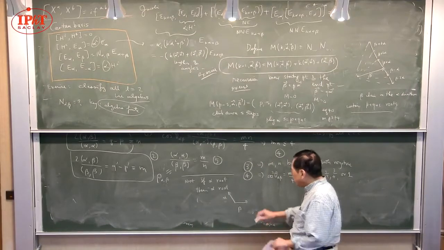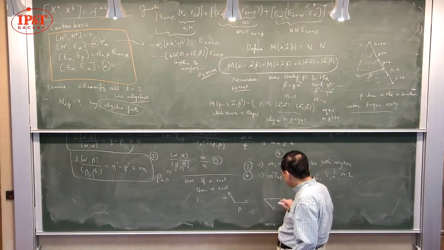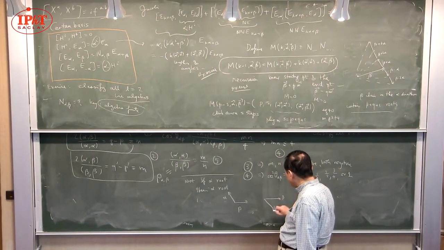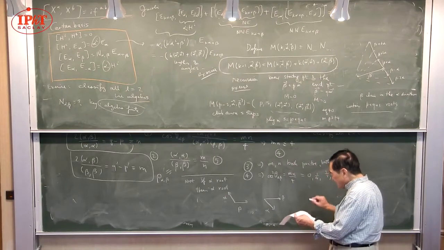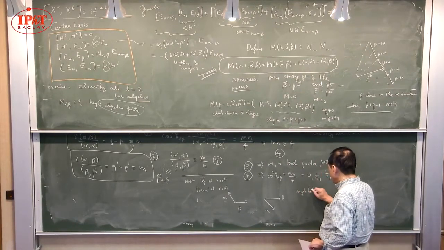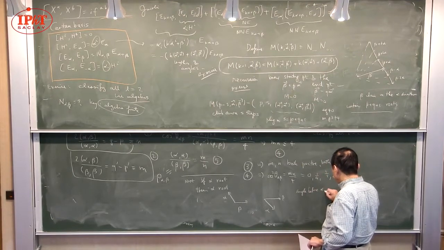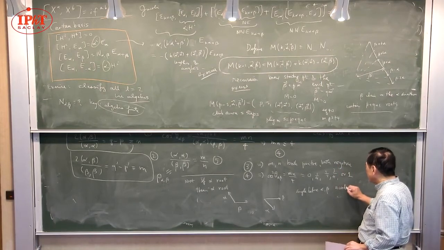We can always flip alpha, change alpha to minus alpha, and call it alpha. And so this shows that the angle between alpha and beta is always acute.